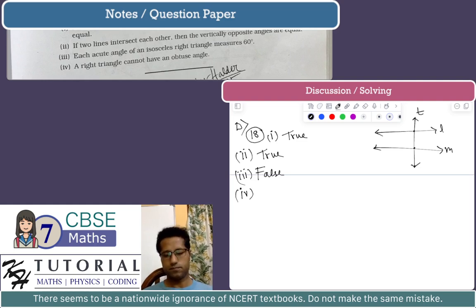Part 4. A right triangle cannot have an obtuse angle. This is true. Why?